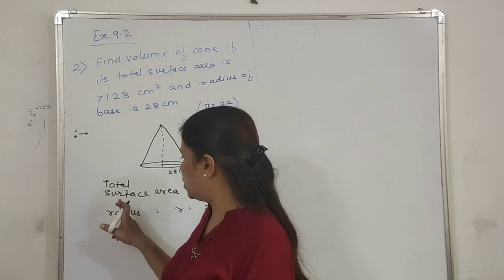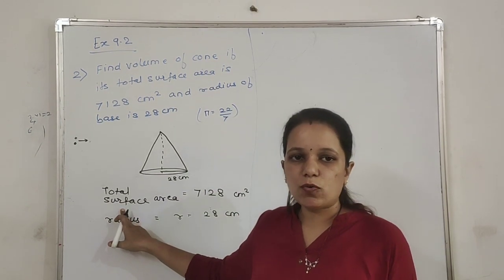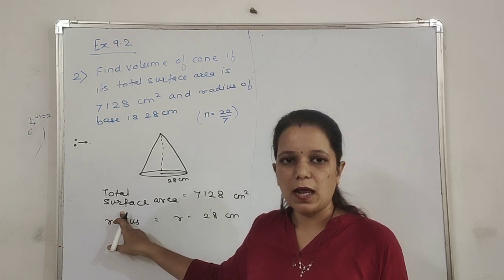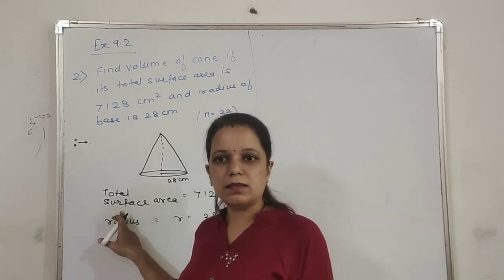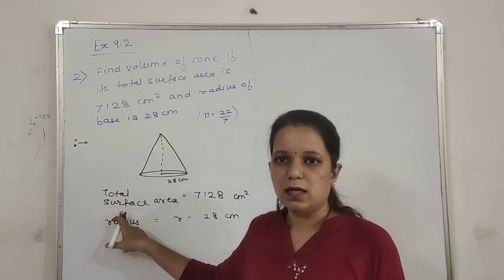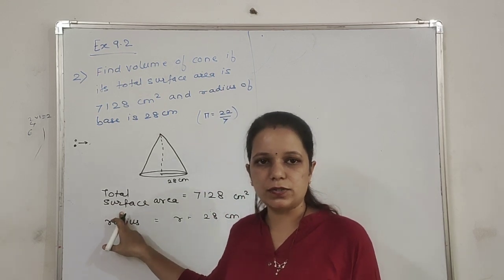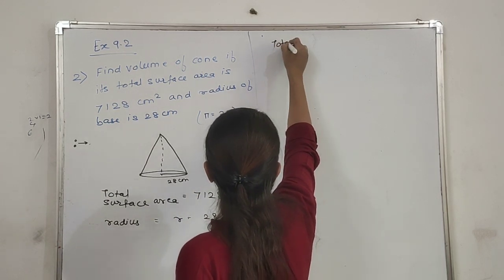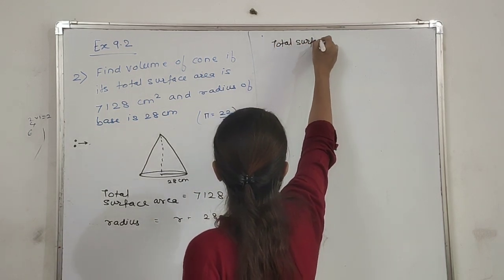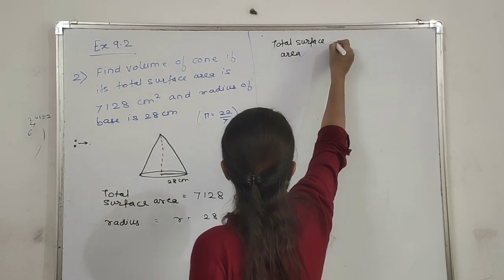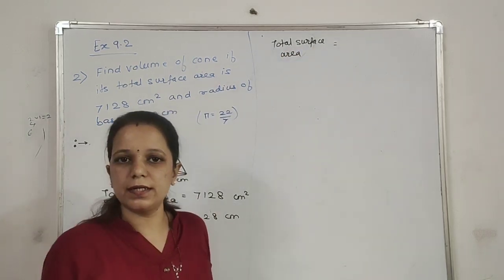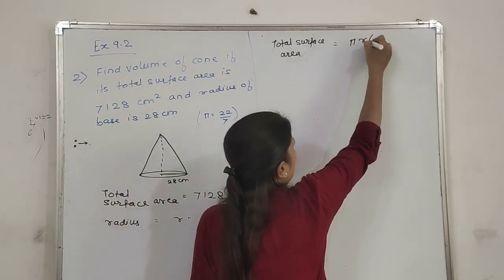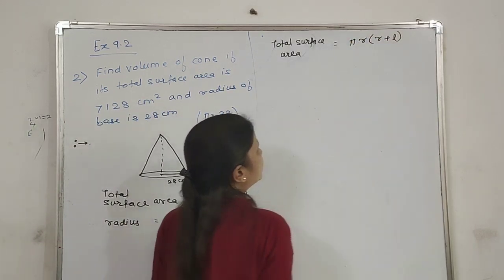First, using the given quantity, that is total surface area, we will find L, that is slant height of the cone. Formula for total surface area is pi R into (R plus L).